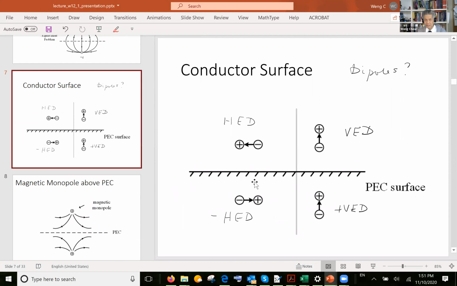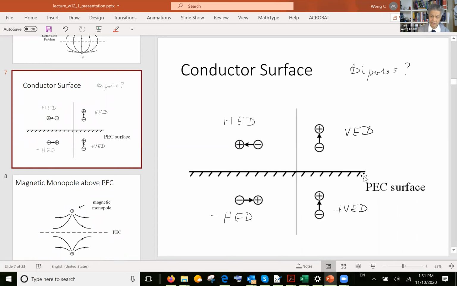For static, I know that a conductor is good enough. However, if this is a dynamic dipole, if it's changing with respect to frequency, then in order for me to shield it completely, I need a PEC surface. If I don't have a PEC surface, I only shield it partially, and there'll be some penetration of the field into the conductive medium.